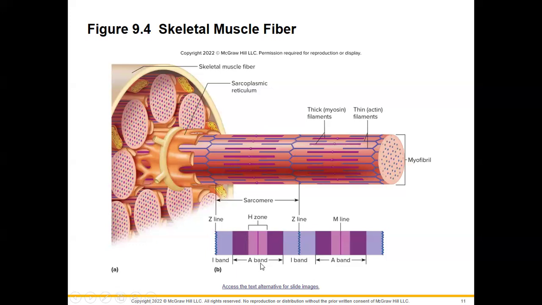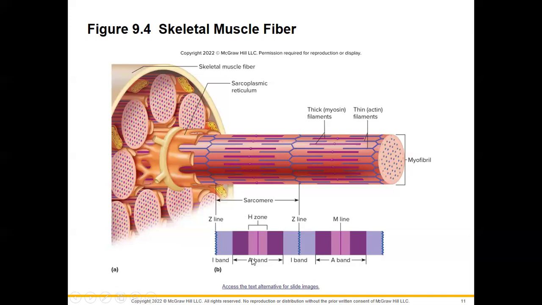And in the center of that H zone is your M line. The M line is what attaches the thick filaments to the sarcomere structure. So M line is inside of your A band. Your Z line is inside of your I band.